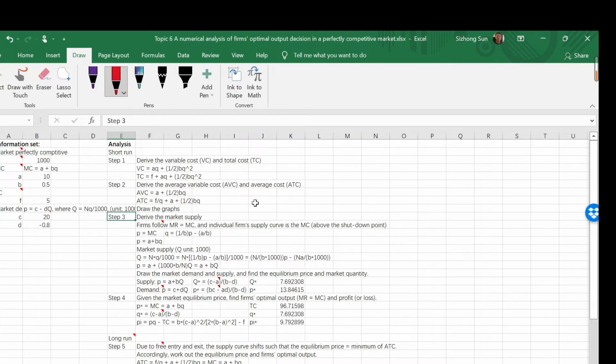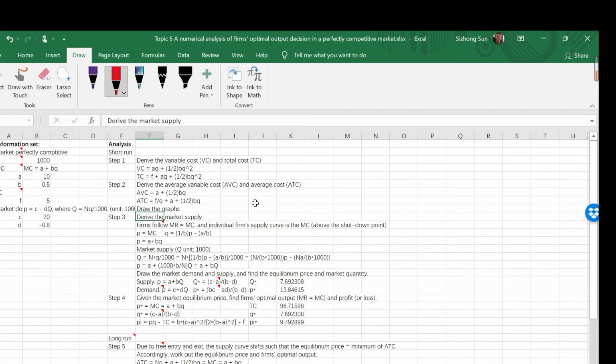Step 3. Let's derive the market supply. Firms will supply to the market following MR equal to MC. We saw in the previous video that the firm supply curve is the marginal cost curve above the shutdown point, where the shutdown point is the minimum point of the average variable cost, or the point where the marginal cost intersects the average variable cost curve.